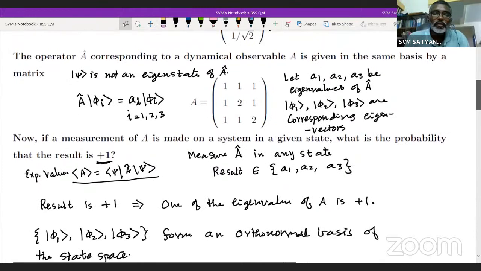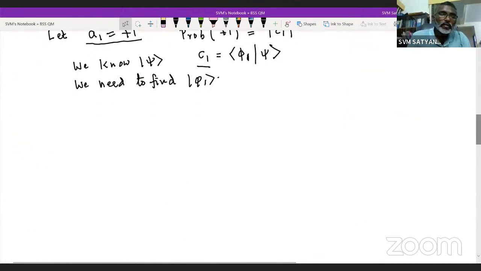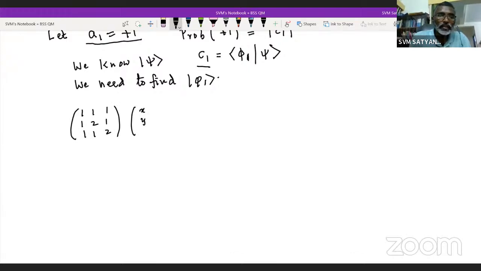So I have to find out the matrix 1, 1, 1, 1, 2, 1, 1, 1, 2 into some vector x, y, z is equal to plus 1 into x, y, z. I have to solve this one.